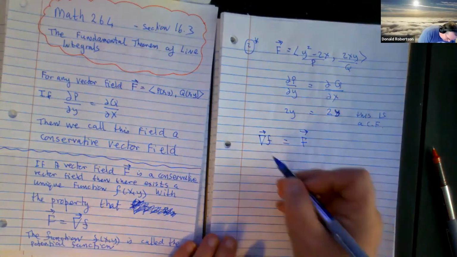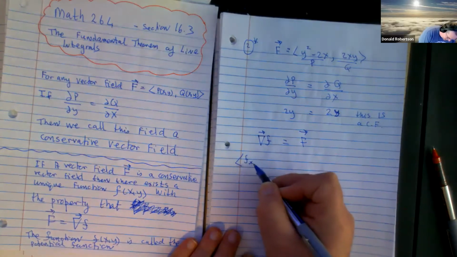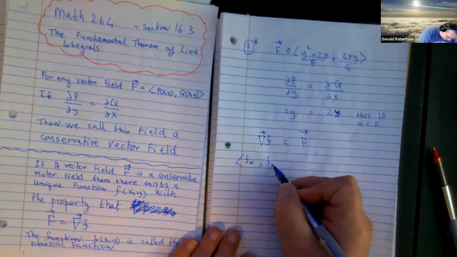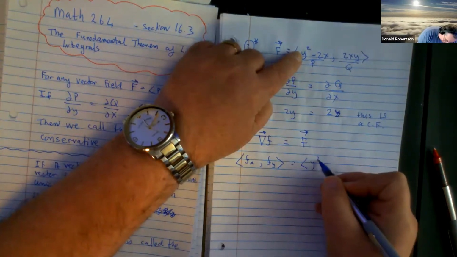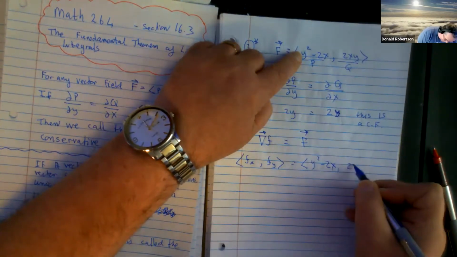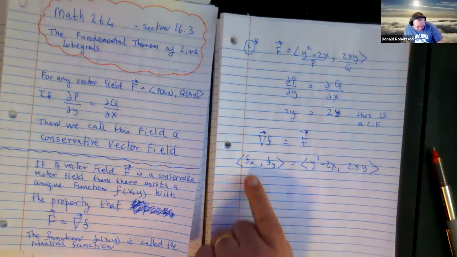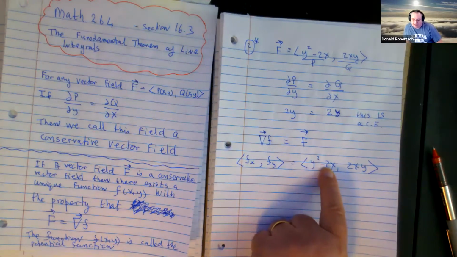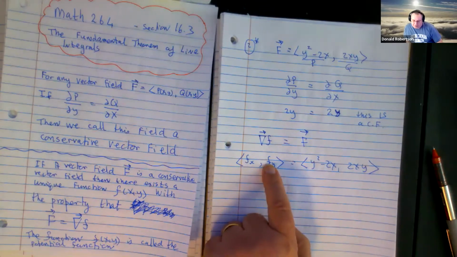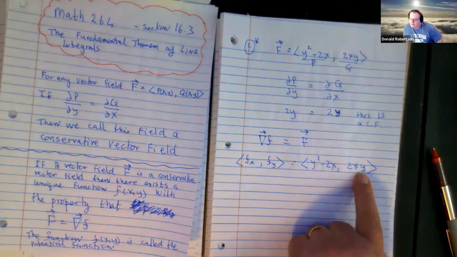Now, the gradient is the partial derivative with respect to x and the partial derivative with respect to y, and it's going to equal this guy. So I just need to figure out what the function is whose partial derivative with respect to x gives you this, and the partial derivative of that same function with respect to y gives you that guy.